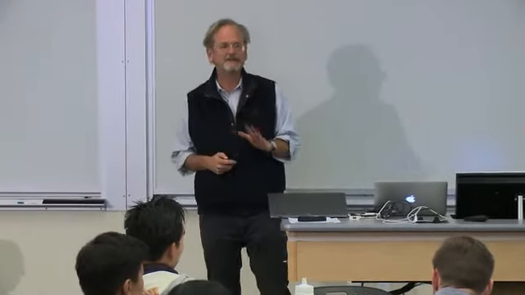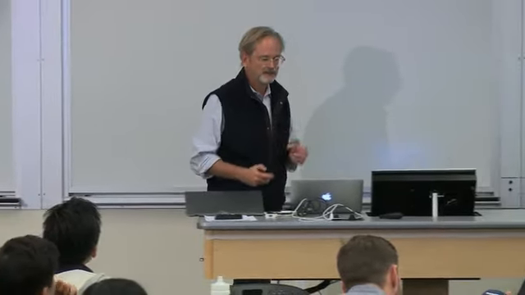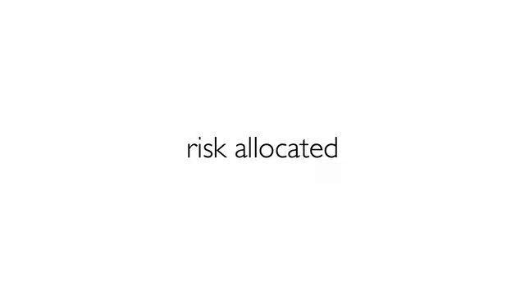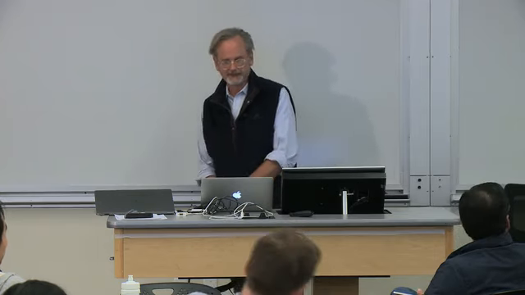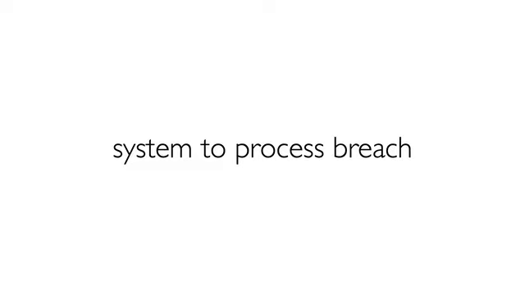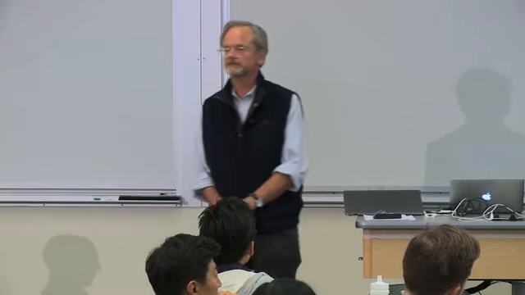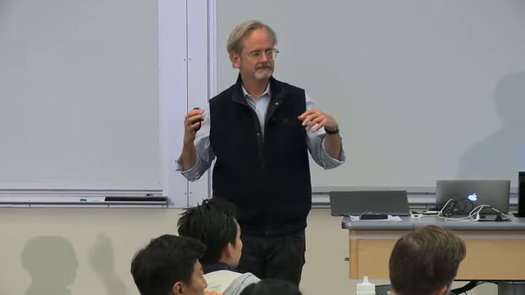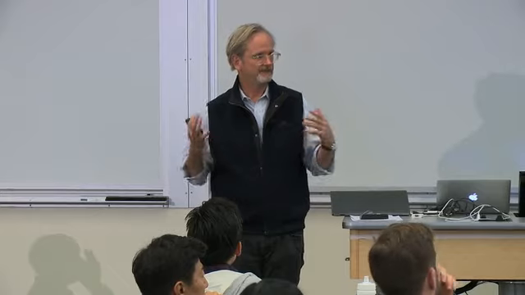So the objective of contract law, number one, is risk allocation. But the allocation matters only if there's a system to process the breach of a contract. Only if you've got a technology, let's say, for processing the breach.